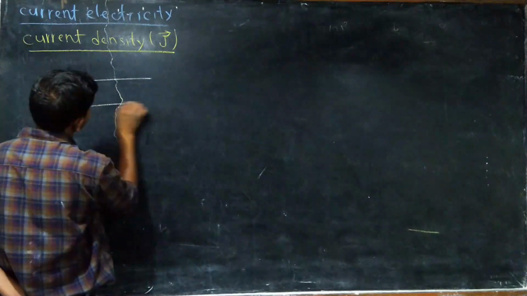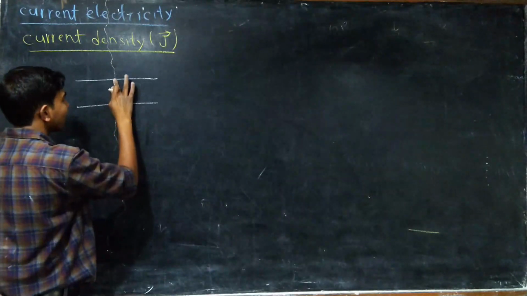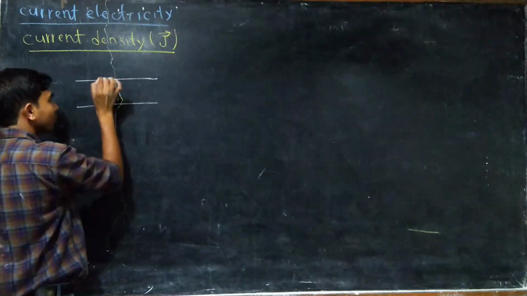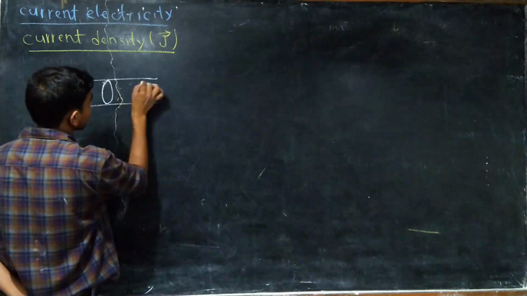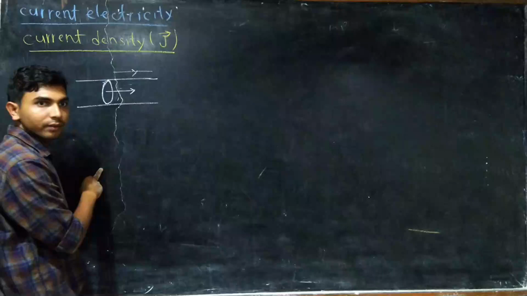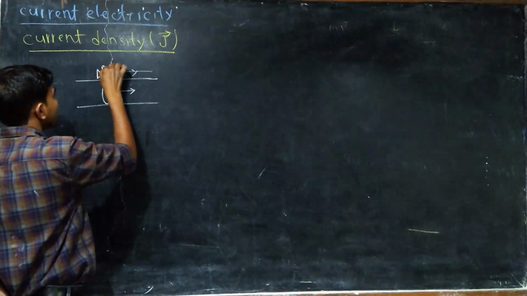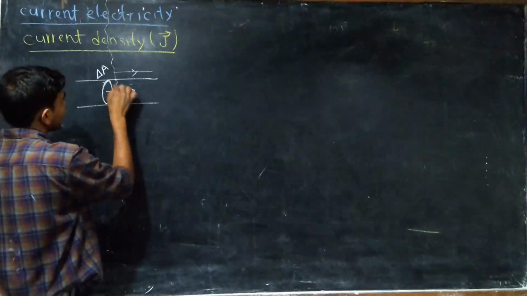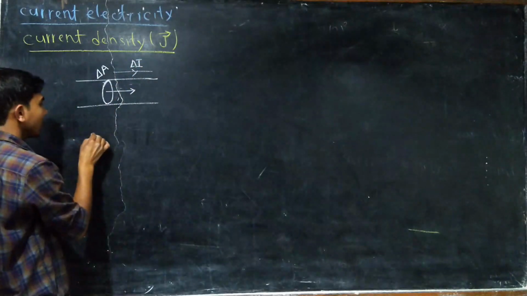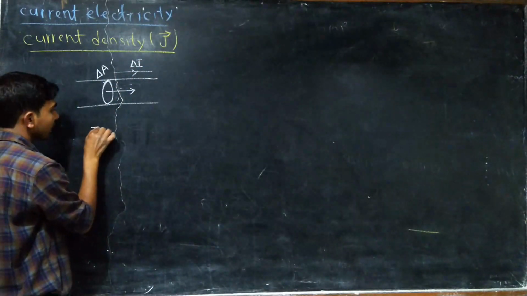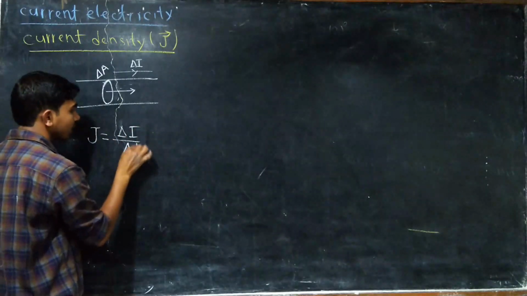This is your conductor, and this conductor has area A. Current is passing perpendicular to this area, and the area is delta A, and the current passing is delta I. So here current density J is equal to delta I by delta A.